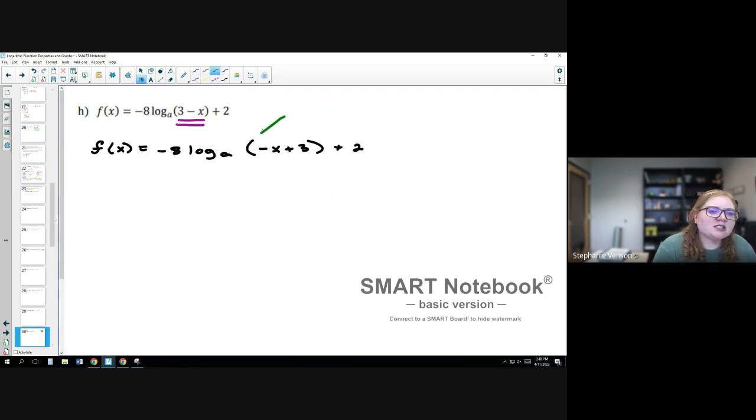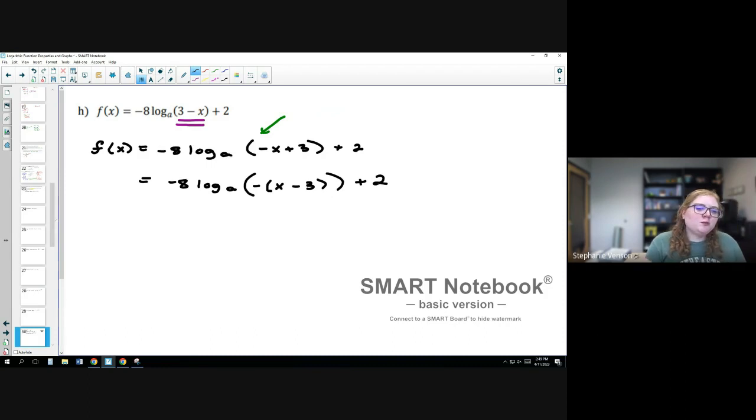But since we have this negative on the outside of the x, we have to assume that it has already been distributed into those parentheses, and we need to pull it out. So this would be -8 log base a of, now I'm going to pull a negative out, and if I pull a negative out of here, then both of these change signs. So the -x becomes +x, and the +3 becomes -3.